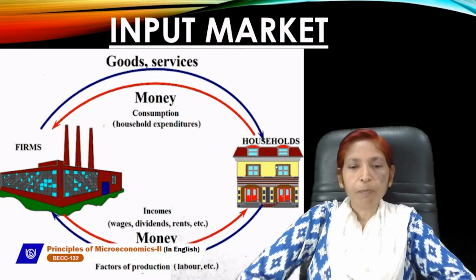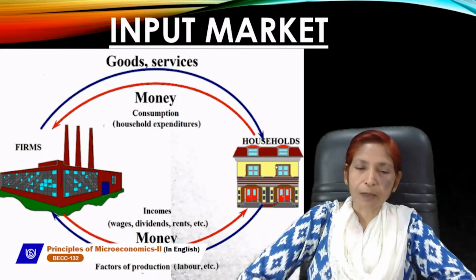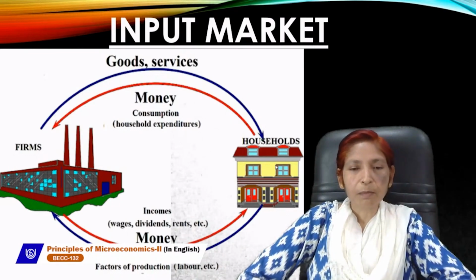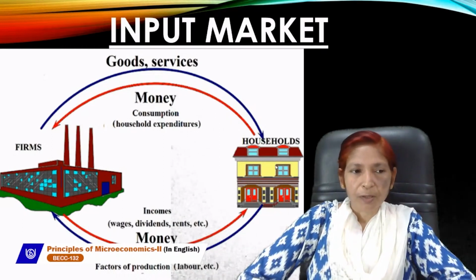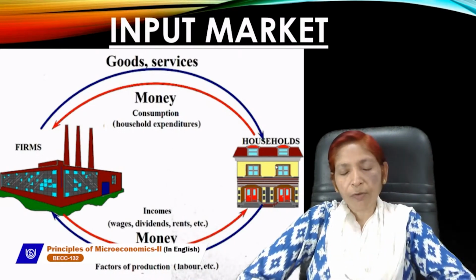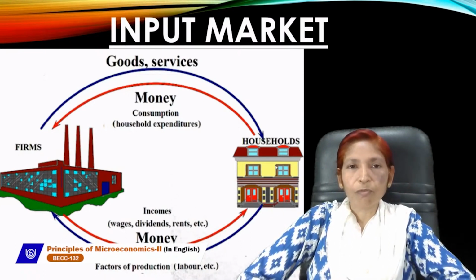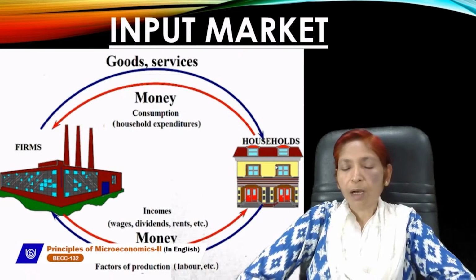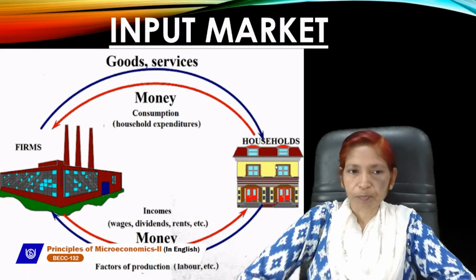Households will buy goods and services and spend money on them. The firm will pay the reward for using all the factors of production, in the form of rent, interest, and wages, to the household sector.